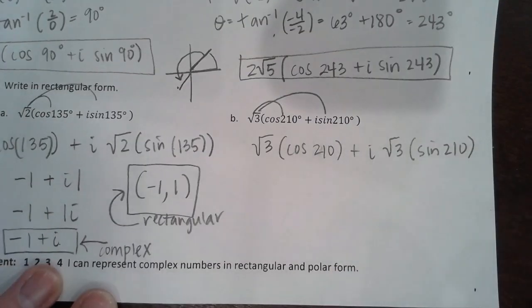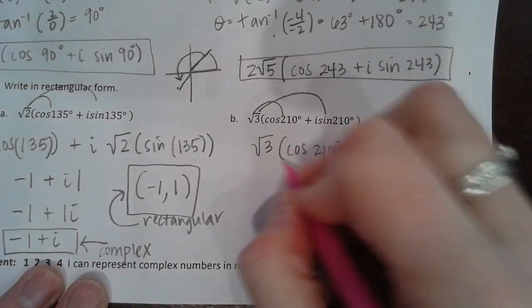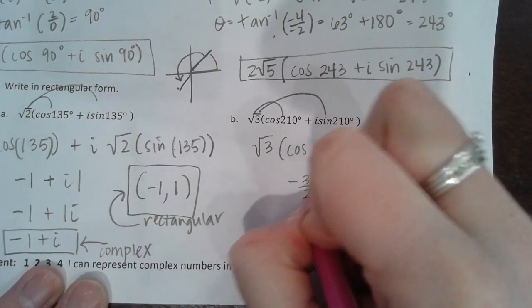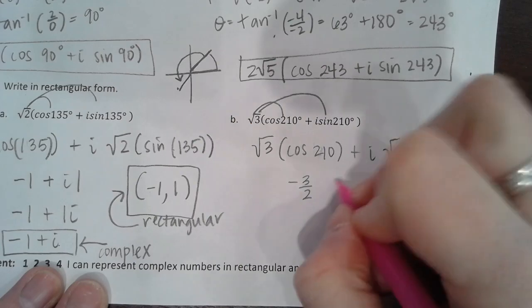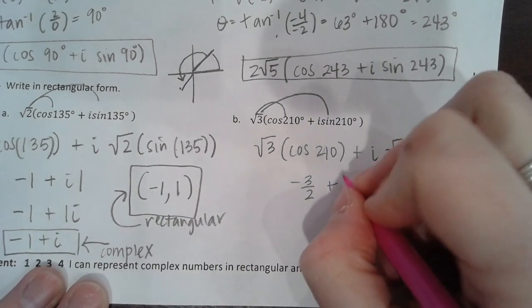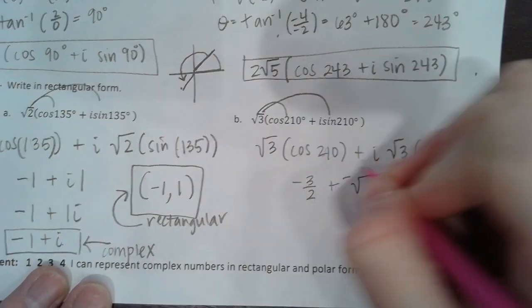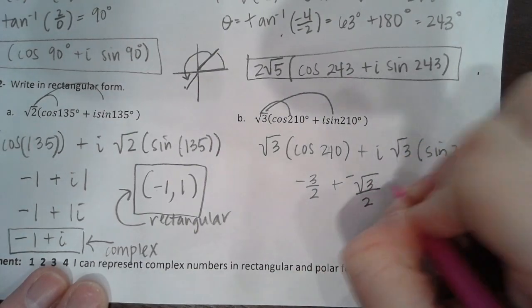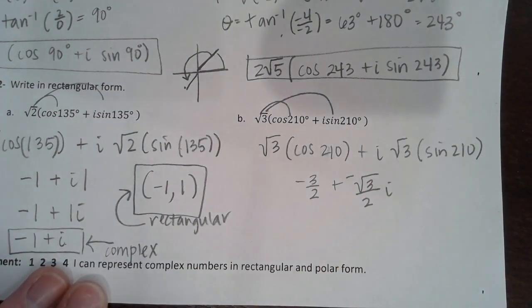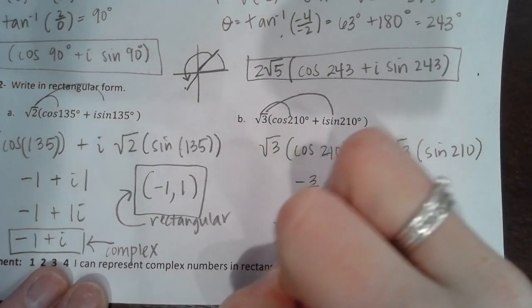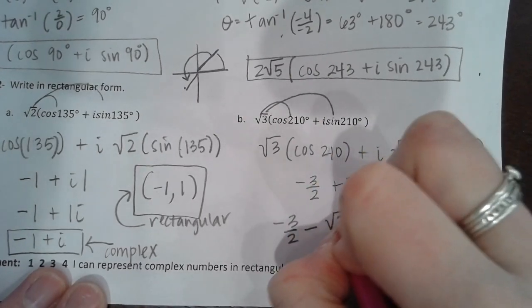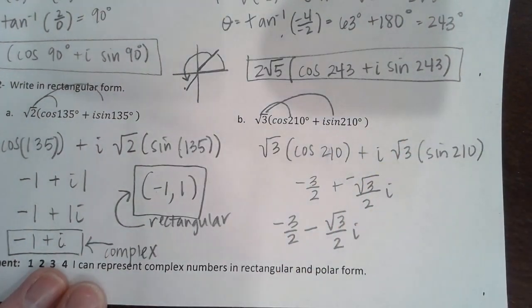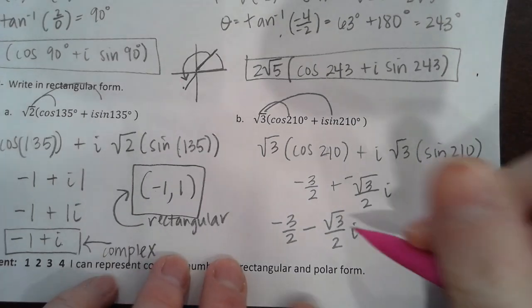So if I do that, for this guy I get -3/2. And then for this guy, I end up with -√3/2, but it has an I. Let's write it better: -3/2 minus √3/2 I. Looks better. Okay, and then this is my complex.